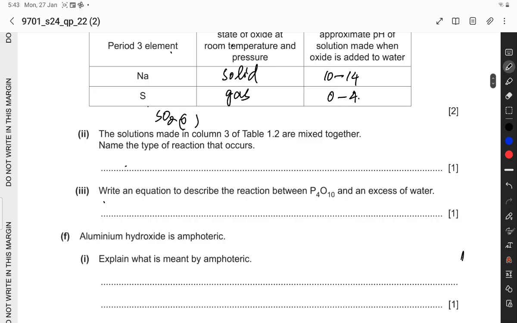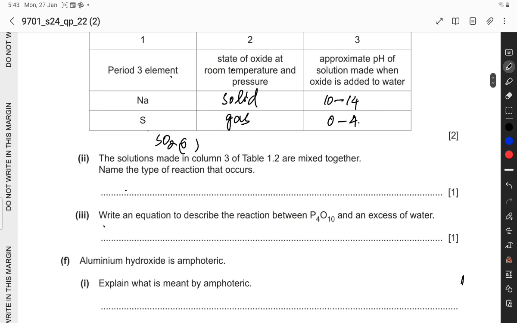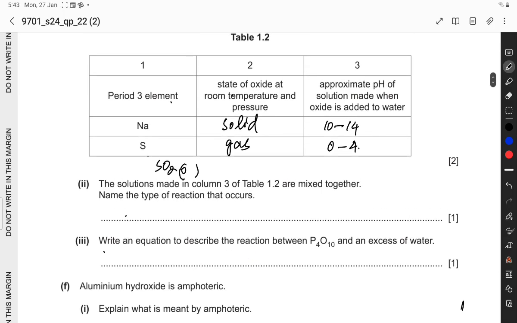The solutions made in column 3 of table 1.2 are mixed together. Name the type of reaction that occurs. So this is sulfur dioxide, this is sodium oxide.